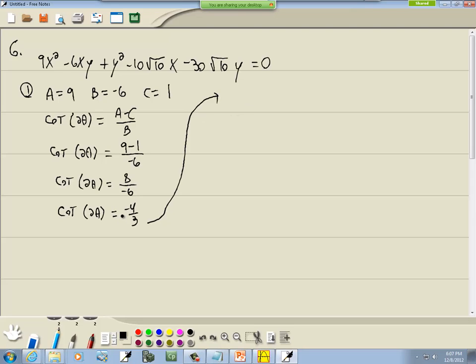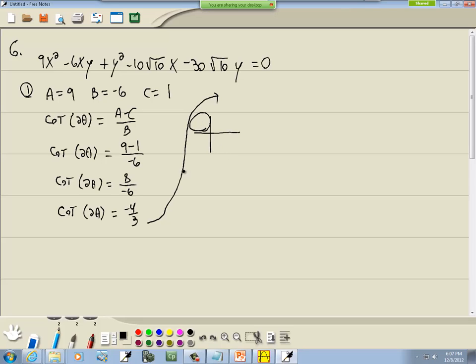Well, let's think where that's at. Cotangent is x over y. So this would be negative 4 as our x and 3 as our y, which would fall in here somewhere, wouldn't it? It could also, if I put the negative down below, fall down here. We don't want a negative rotational angle though, so let's work with this one right here.